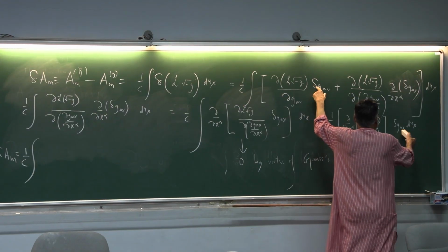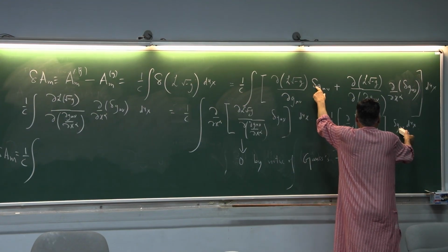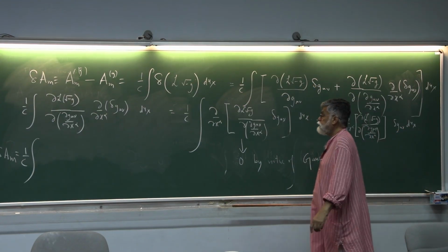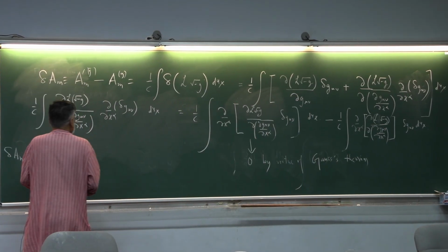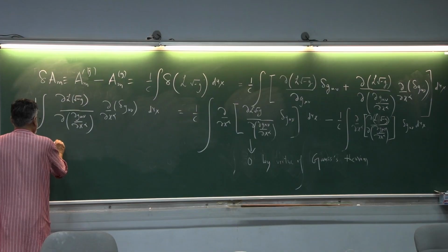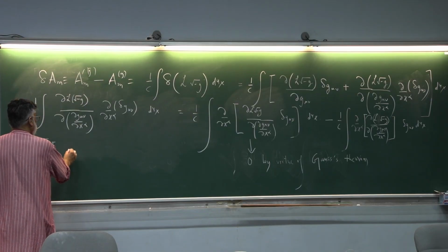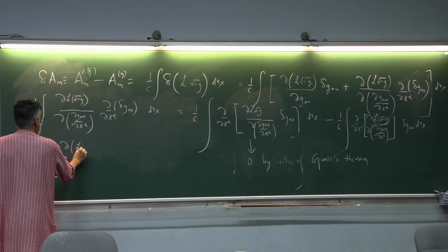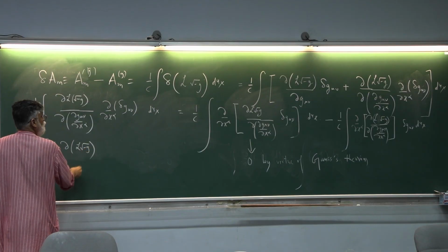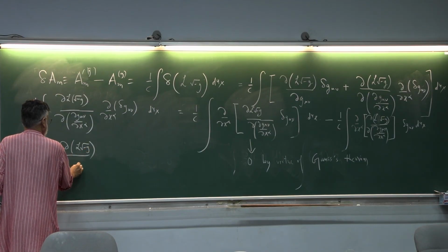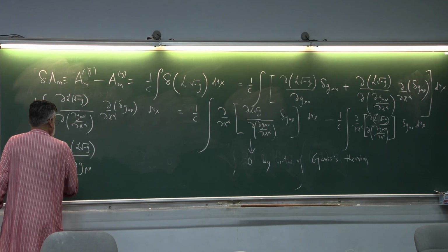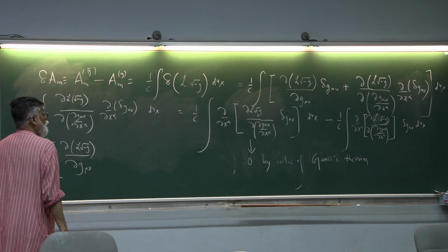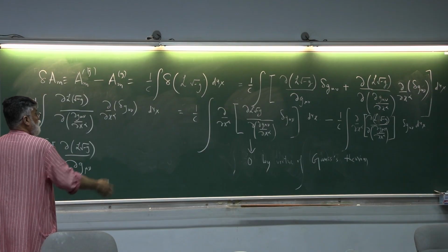There is a delta G mu nu here and a delta G mu nu here, so we can take it common. Now there is a negative sign, since this part is 0.